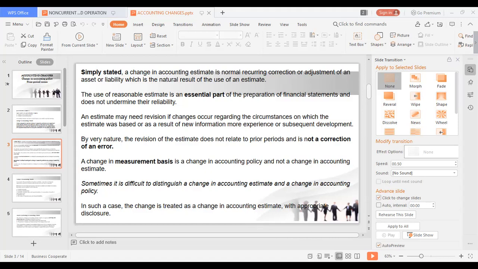The 500,000 is still in October 2020, but on January 1, 2020, the adjustment is only for the inventory.